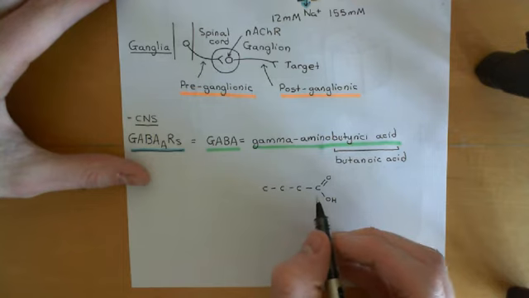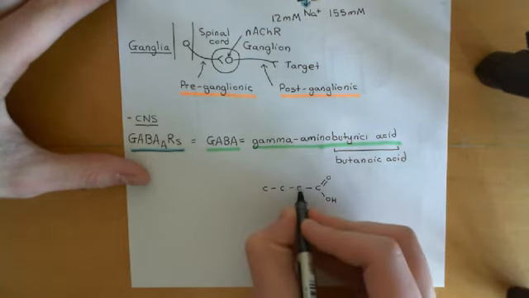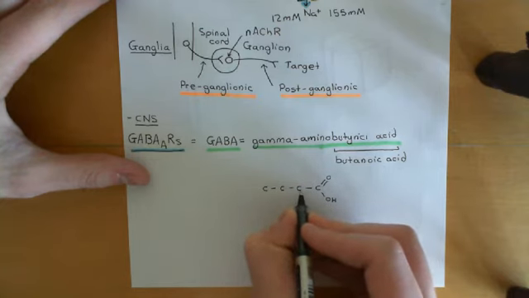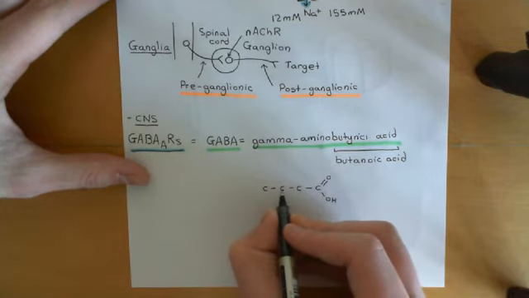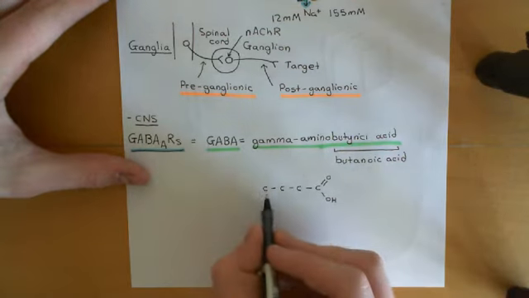But the old way of naming the carbons in a carboxylic acid molecule is to start with the one that comes off the carboxylic acid group. Call that the alpha carbon. Alpha is the first letter of the Greek alphabet. Then the second one here, you'd call that the beta carbon, second letter of the Greek alphabet. And then this one here would be the gamma carbon.